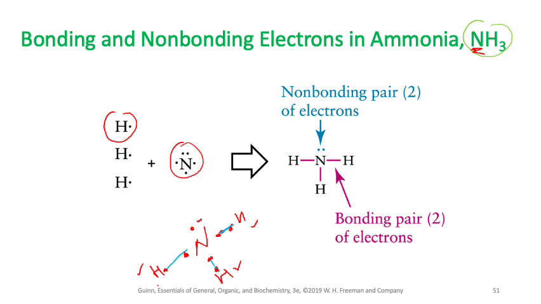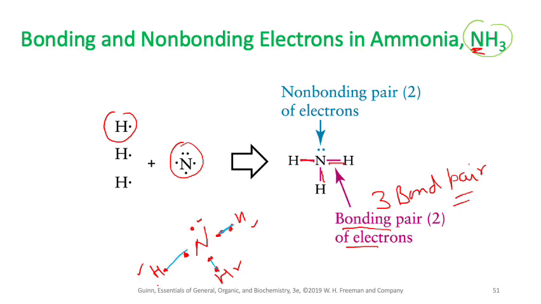So 1, 2, 3, 4, 5 from the valence, and 1 electron getting shared from each hydrogen. So a total of 8 electrons around the nitrogen. So this molecule is good. Each atom is happy. But can you tell me how many bonding pairs of electrons you have in this molecule? So that means you have 1, 2, 3. 3 bond pairs.